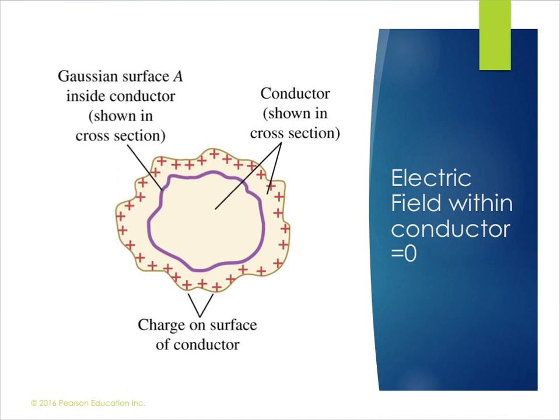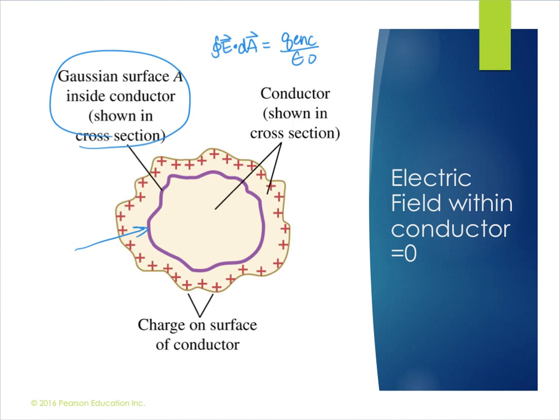Now, as a consequence of that, the electric field inside the conductor has to be 0. So in this picture, we had a conductor, and we see that all the charges are on its surface. We wanted to use Gauss's law to figure out the electric field inside the conductor. So we chose this purple Gaussian surface within the conductor.